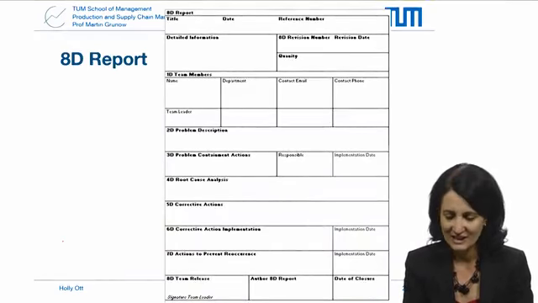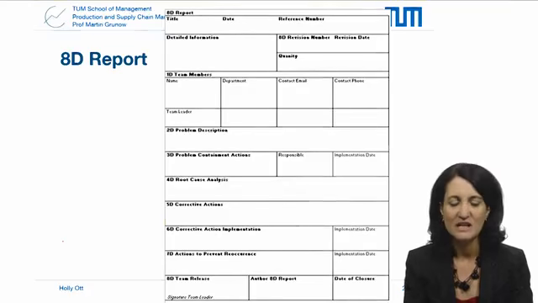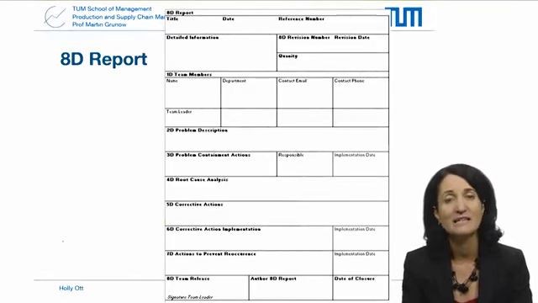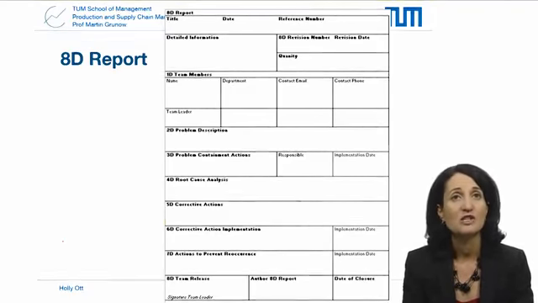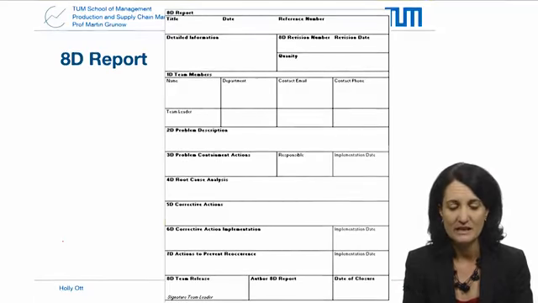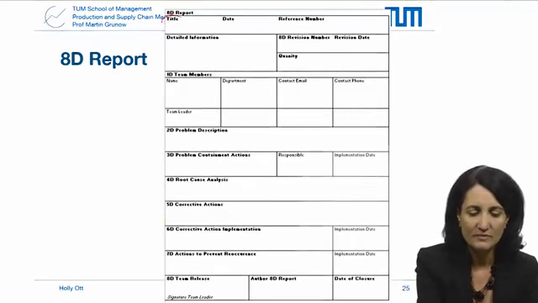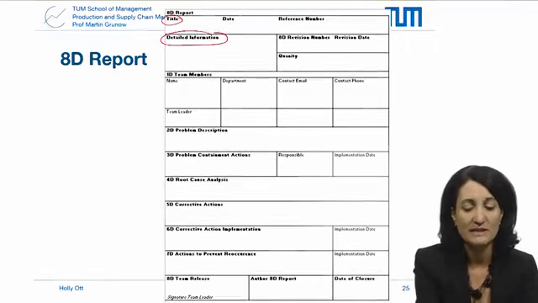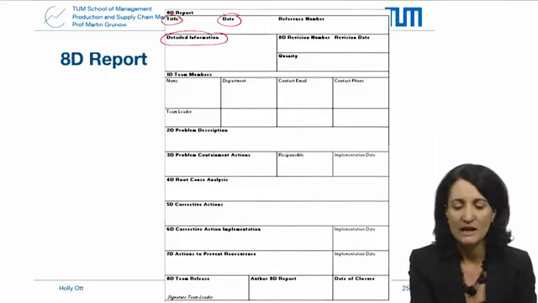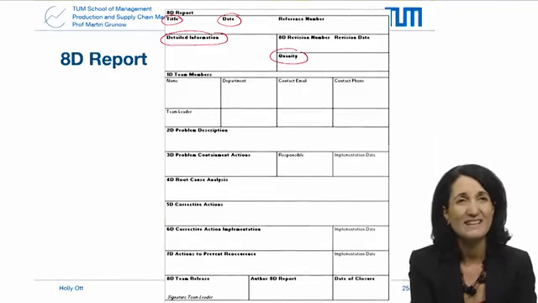Now, I created this just in Excel just to show you, but clearly you could have a much more detailed document, and when I worked on 8Ds, we had it actually on the internet. So all the 8Ds were available for everyone to see in the company internet. And so you have a title, detailed information, a date, the product, and important as always how many pieces are affected.